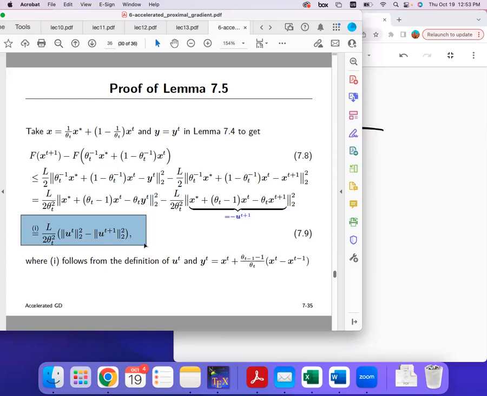So we get this inequality. So it starts to look familiar to what we have seen in 7.5.